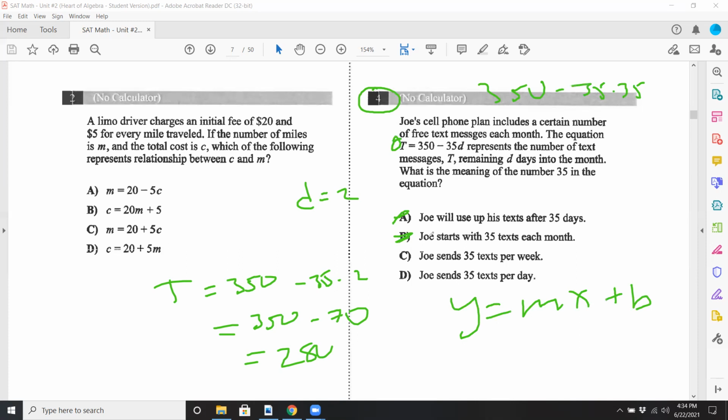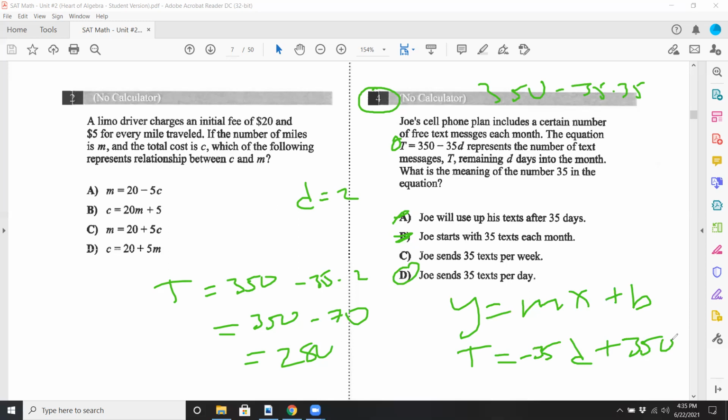So it's really down to C or D. Which one do you guys think it would be? It would be D, totally. Yep. The 35 represents a slope. Think about it. If you have y equals mx plus b, or T equals negative 35D plus 350, notice I overlaid it in this fashion, where you see the m is negative 35 and the b is 350.